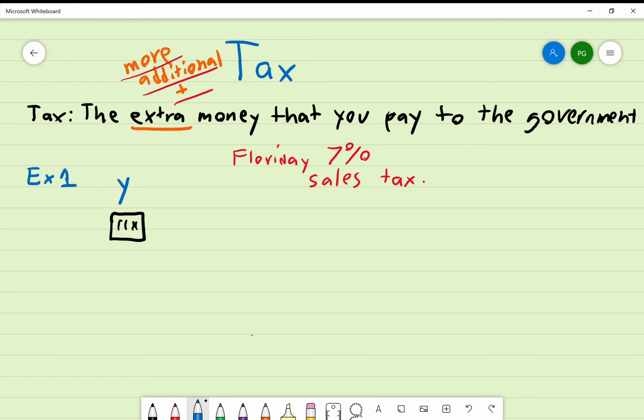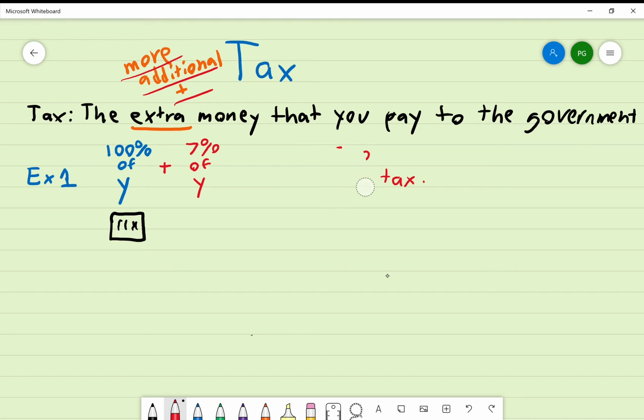So basically, I was going to pay 100% of that book, of Y, but now I'm going to have to pay an additional 7% of that book, of Y. So the total amount I will have to pay now is going to be 100% plus 7%. Well, 100 plus 7 is 107% of Y. I'm going to convert my percent to a decimal.